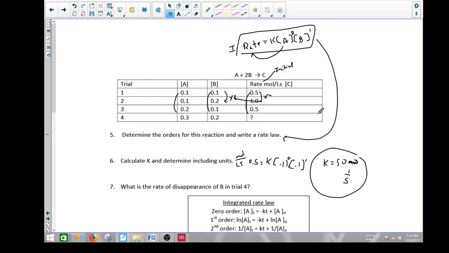Okay. Now back to my original thing here. This is zero order in A, and this is first order. It means this is not a one-step reaction.